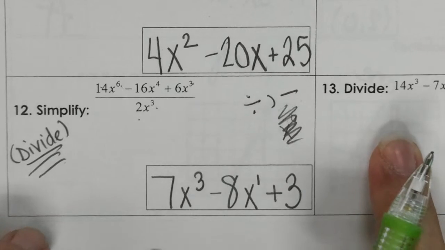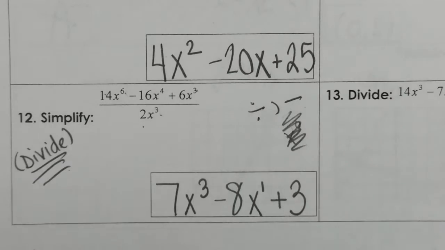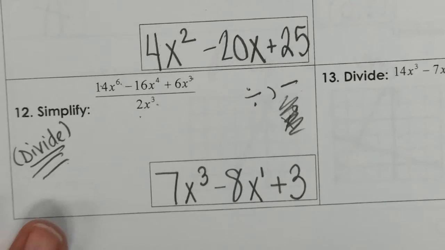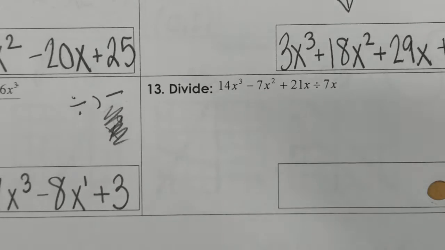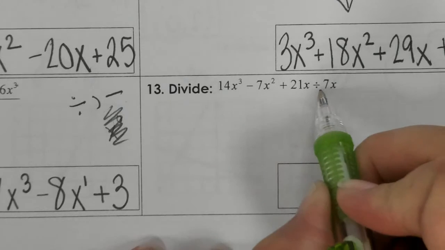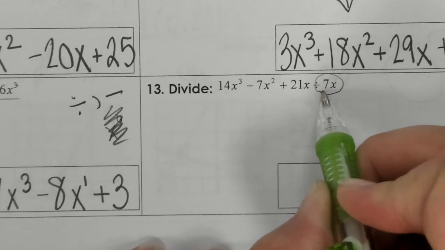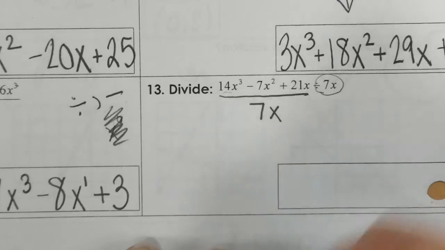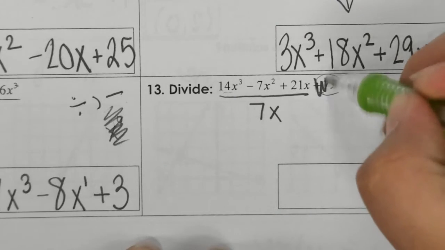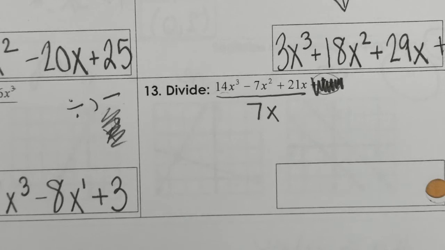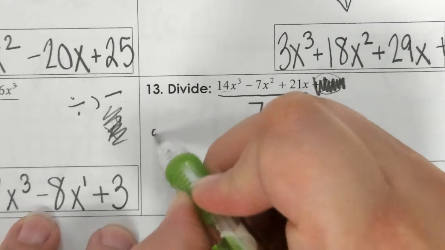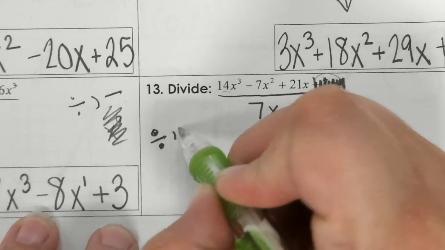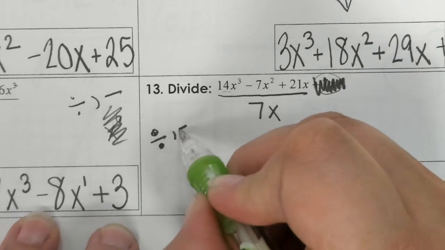Now 13 is the same thing as 12, it just is written a little bit differently. So for 13, even though it says divide, you want to take this 7x that's over here and put it underneath your polynomial. And then you might want to just get rid of it so it doesn't confuse you. And then you do the same thing. You're going to divide the big numbers and subtract the exponents.